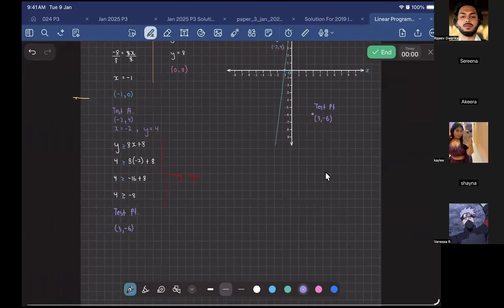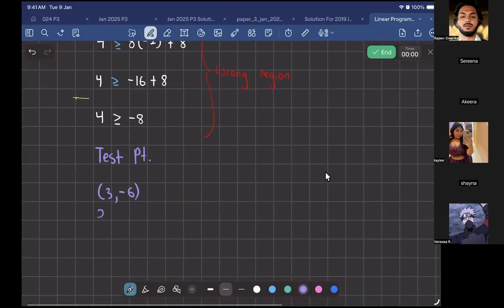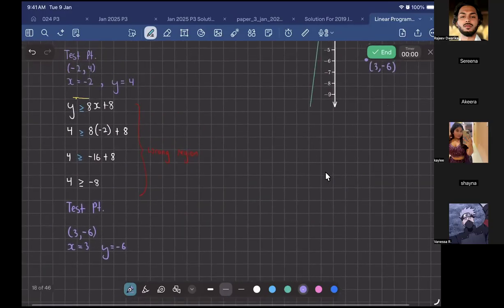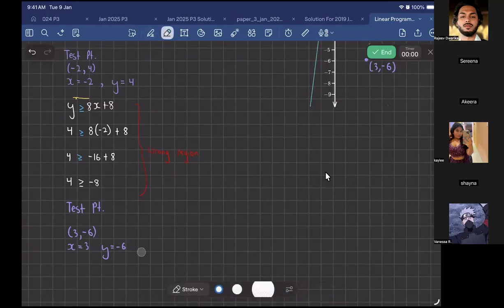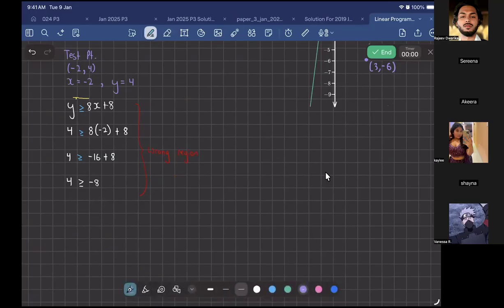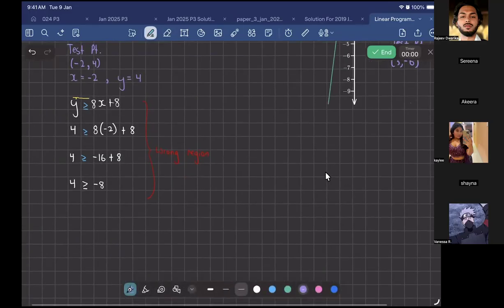If you use 3 comma minus 6, what is x and what is y? 3 is x, y is minus 6. Do you understand that you don't have to do 2? Once you do 1 and it's invalid, that automatically means the other region is the one to shade. I'm just doing this to ease your mind, to show you the full thing.